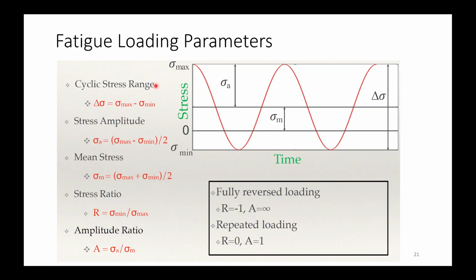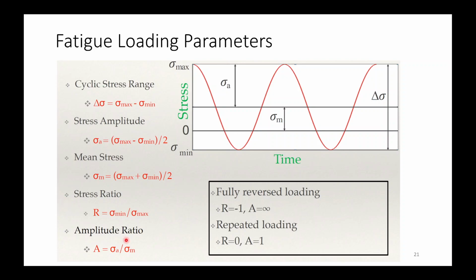In the case of cyclic stress, the range, delta sigma, will be sigma max minus sigma min. Stress amplitude will be sigma max minus sigma min divided by 2. Mean stress is the average of maximum and minimum. Stress ratio will be sigma min divided by sigma max.